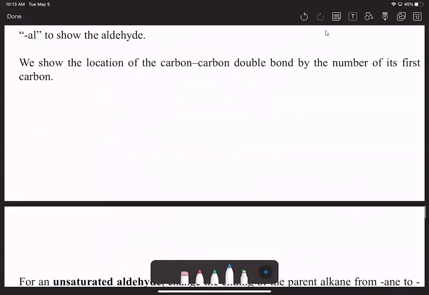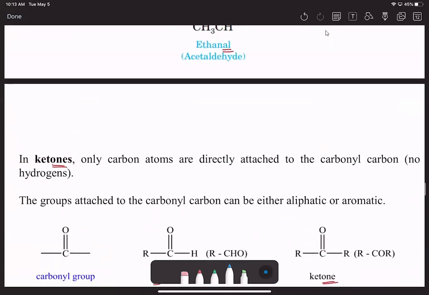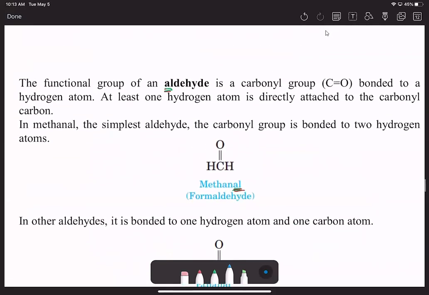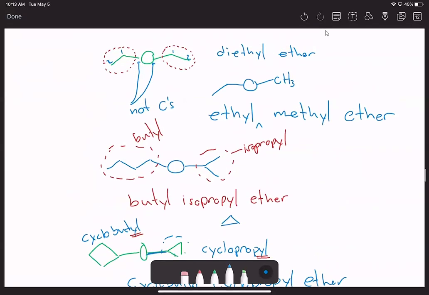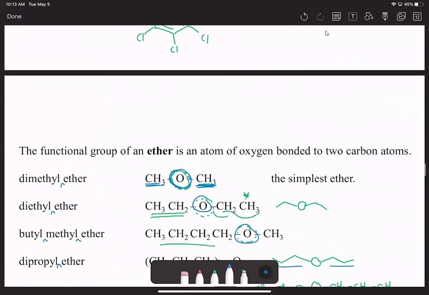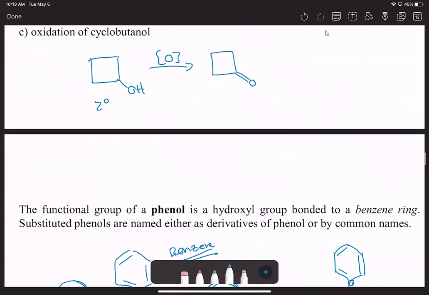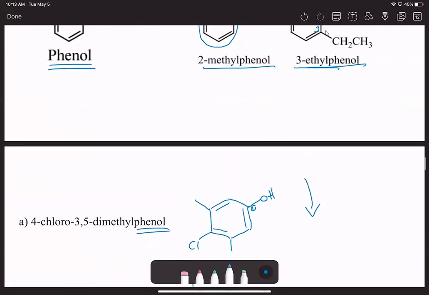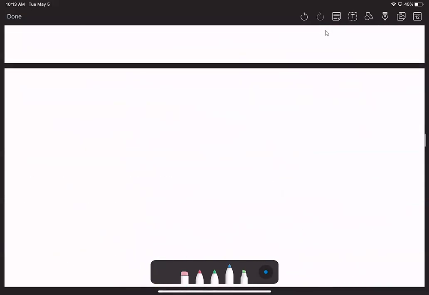Let's go back and review alcohols because there's a common way to name alcohols similar to the common way we name ketones. I'm sorry, not alcohols, but ethers. Let me get to a blank page here. Do I have any blank pages? Yes.